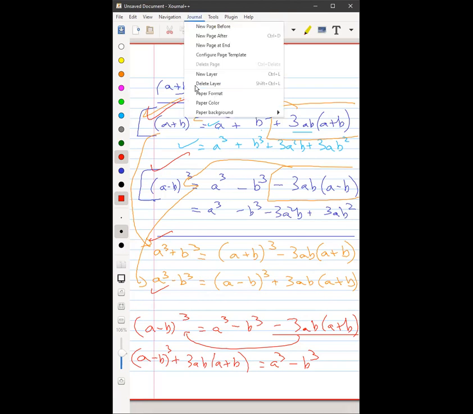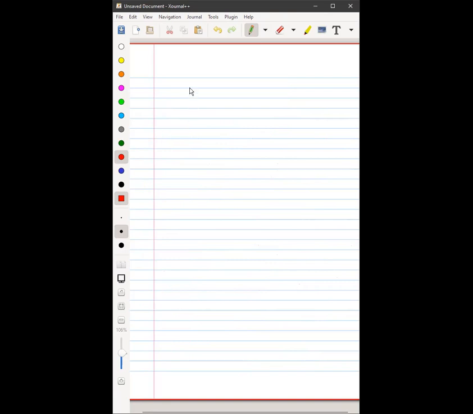Let's move ahead then. We already remember we had (a plus b) the whole thing squared, and we had a plus 1 upon a. So similarly, now we will also have (a plus 1 upon a) the whole thing cubed. This will again be a cube plus 1 upon a cubed plus, now what will it become? 3ab. So a and 1 upon a will get cancelled, because we would have had 3 into a into 1 upon a, so a and a get cancelled.